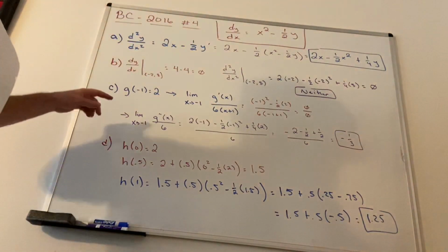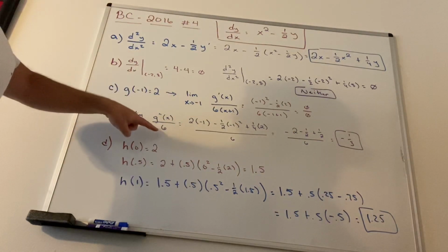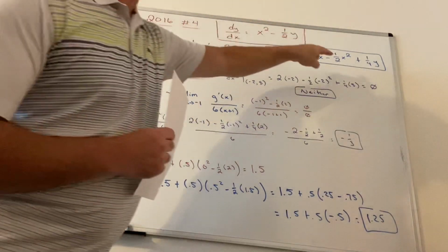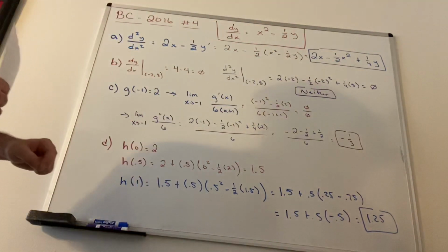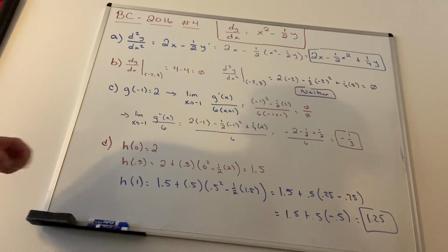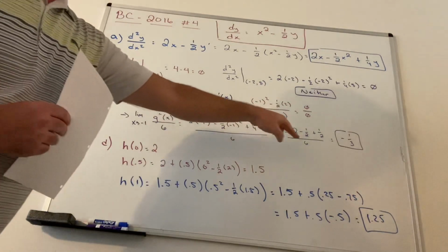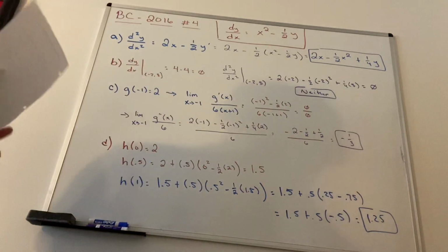So g double prime of x over now just 6. And again, you have your second derivative right here. So you're plugging -1 and 2 into that, and it's just over 6. Clean it up, and you get -1/3.